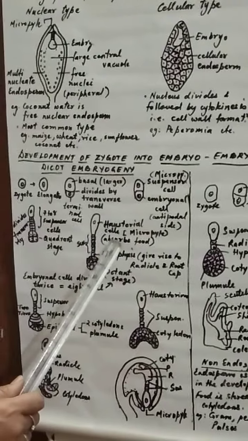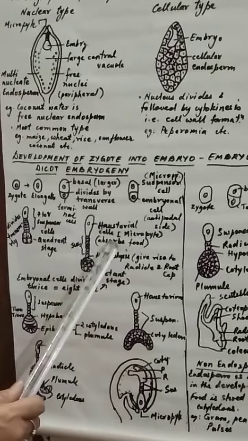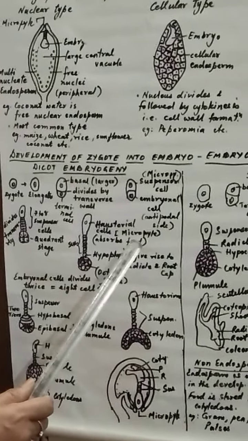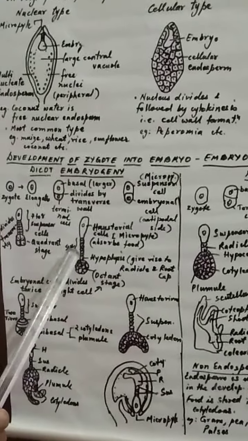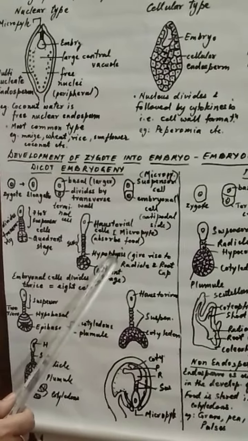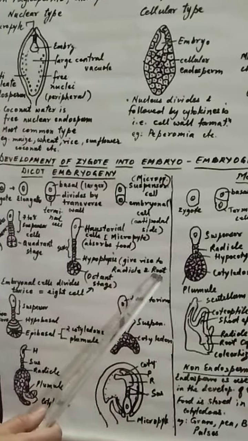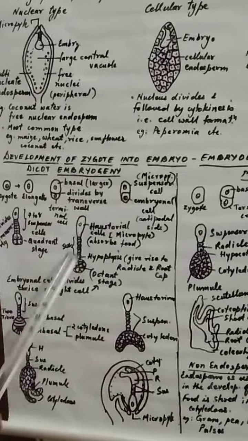The function of haustorial cell, which is very big compared to other suspensor cells, is to absorb food for the developing embryo. The last cell in the suspensor near the embryonal mass is called hypophysis. This gives rise to radicle and the root cap in future. Now this is an octant stage.